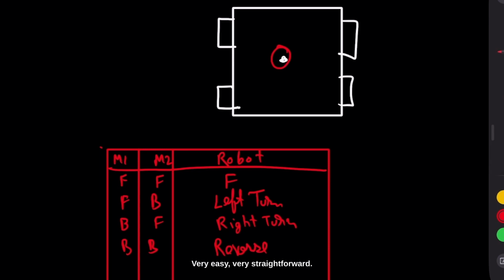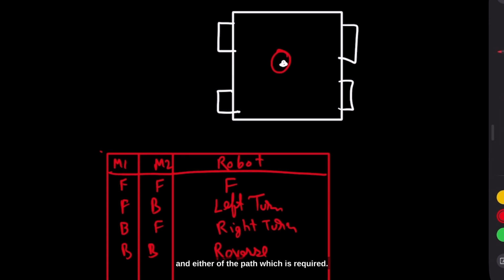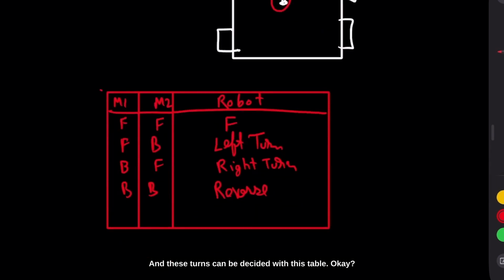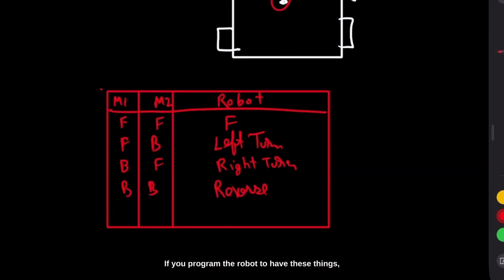Very easy, very straightforward. You are telling the robot to take either of the turns and either of the paths which is required, and these turns can be decided with this table. If you program the robot to have these things, you are allowing the motors to rotate this way. So you want the motor to take a forward turn or a backward turn, and that's going to decide if the robot is going to move forward, backward, left, right, however it is.